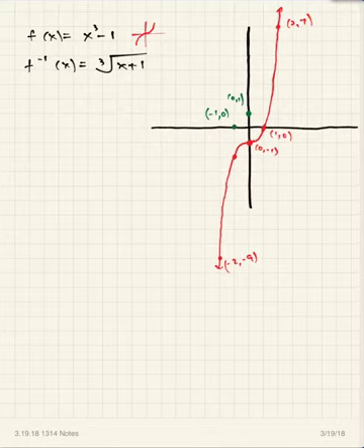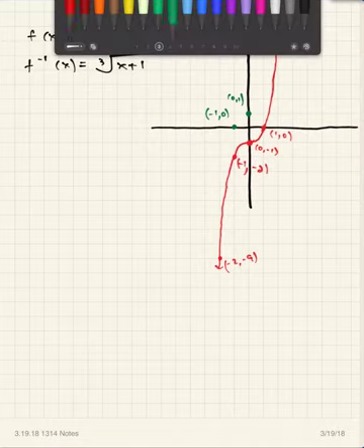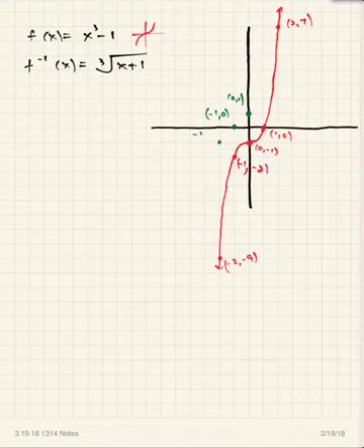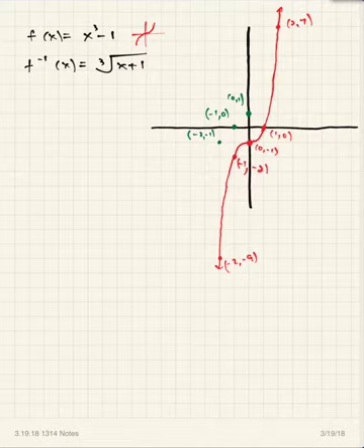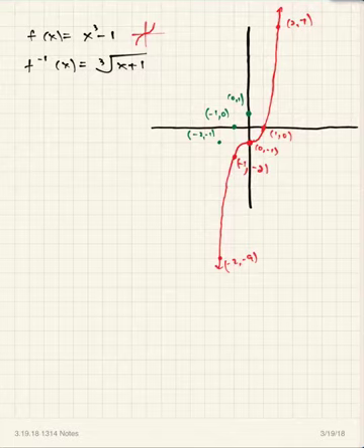And then on the cube graph, we've got negative 1, negative 2. So our graph would go through negative 2, negative 1. And we've got -2, -9 on the cube graph.